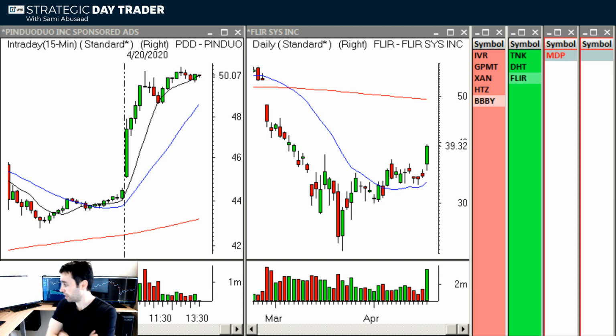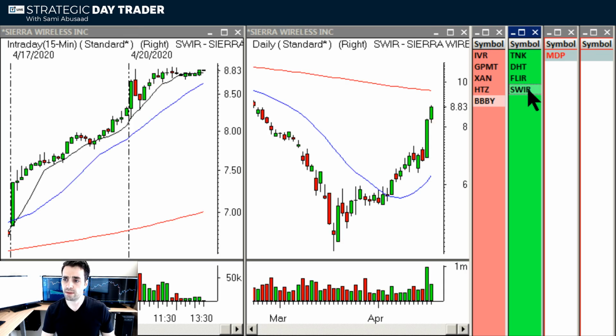Okay, so the page is coming up. I'm looking at the technology stocks first. And I'll show you what stands out. For sure the SWIR is bullish, staying at the highs. SWIR, I mean, that is really bullish.